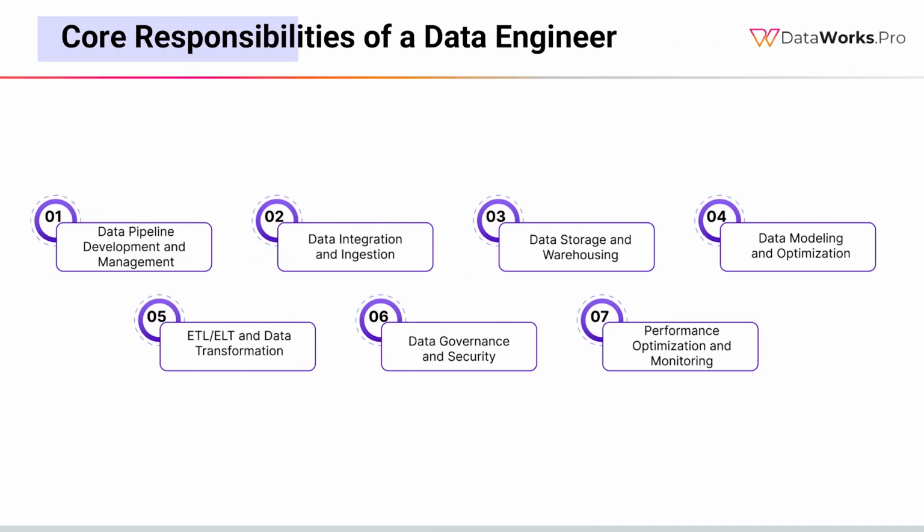So what are the core responsibilities of a data engineer? A data engineer's daily work always involves bringing the data from different tables, different databases or different sources into one single system. This is what we call data ingestion. And also cleaning the data and arranging the data properly, which is called data transformation.